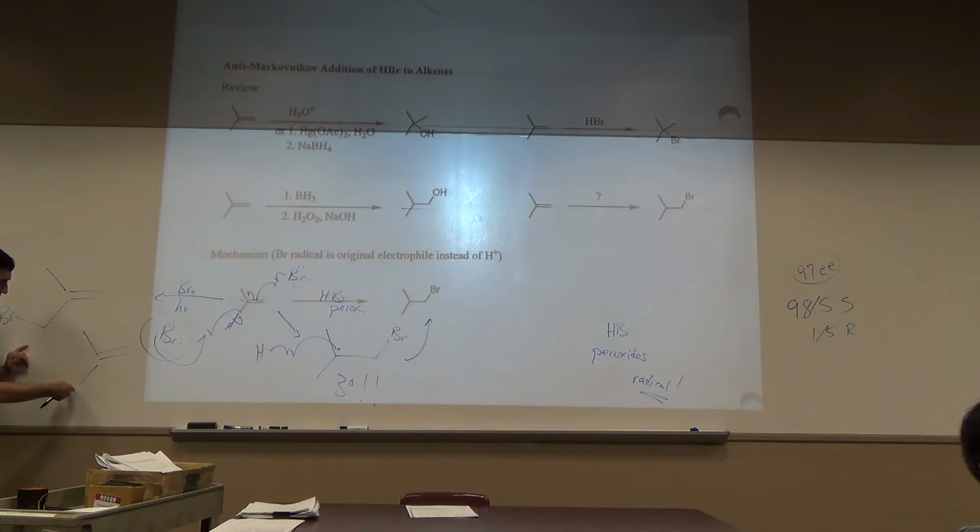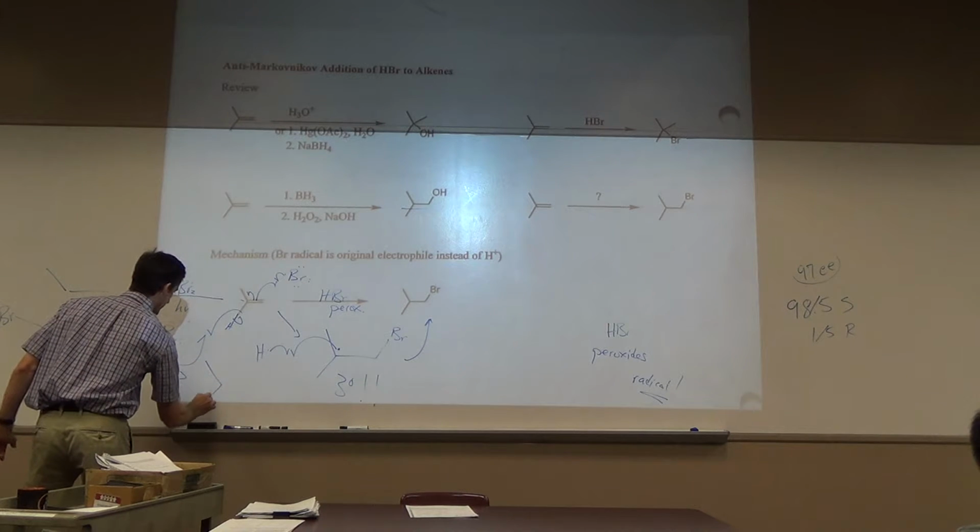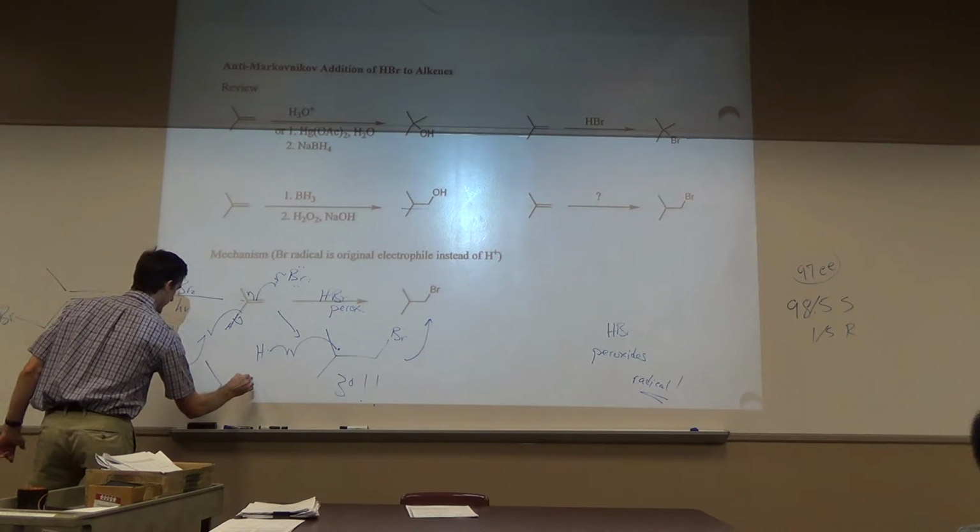But if you did resonance, it would be, I'm thinking, the same exact structure. If we did resonance, we can move one electron in, one electron here, one electron out. Boom, boom, boom, boom, and get that.